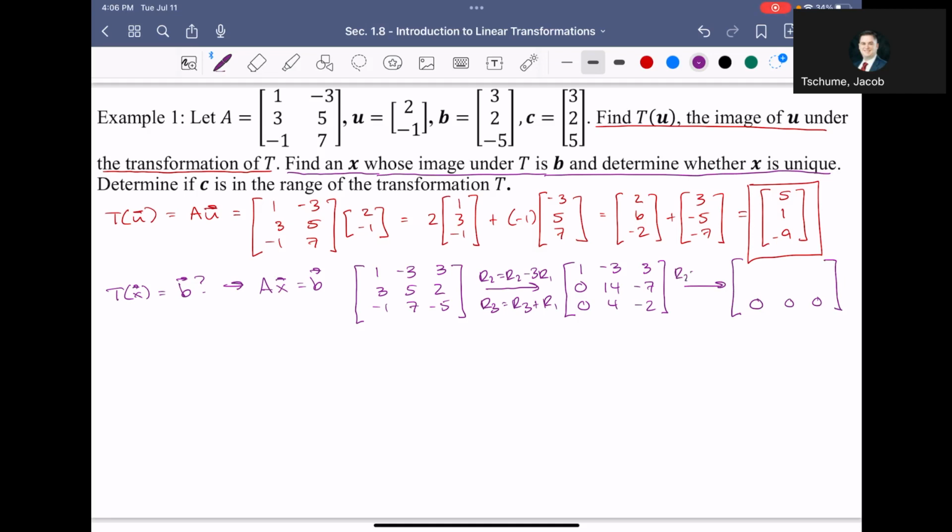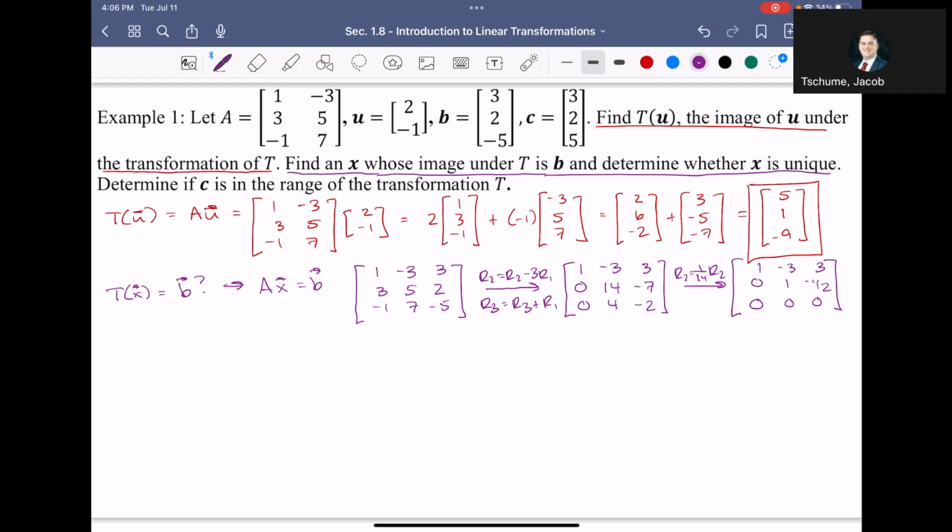I'm going to take row 2 and multiply it, not by a 7th. Let me rephrase that. I'm going to multiply it by a 14th to make that a 1 in the next pivot position. So that would be 0, 1, negative 1/2, and then my top row remains the same.